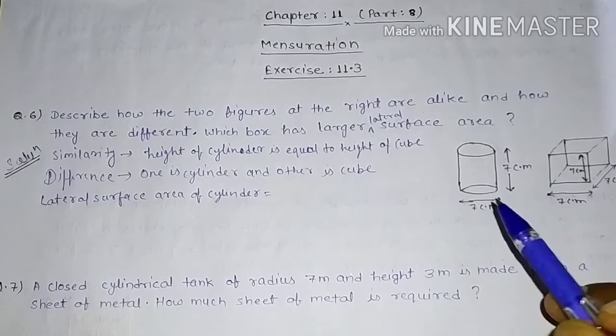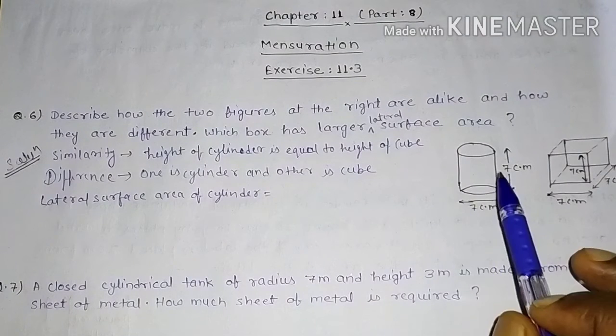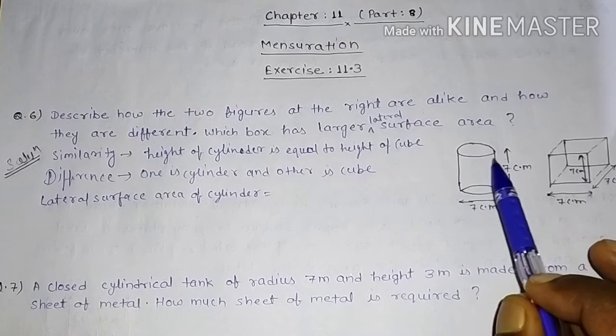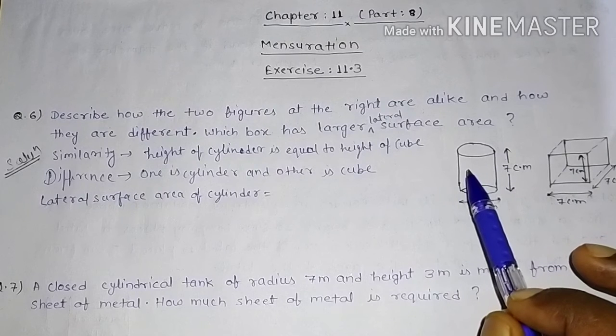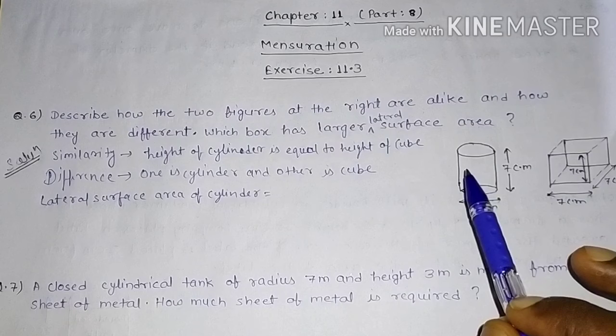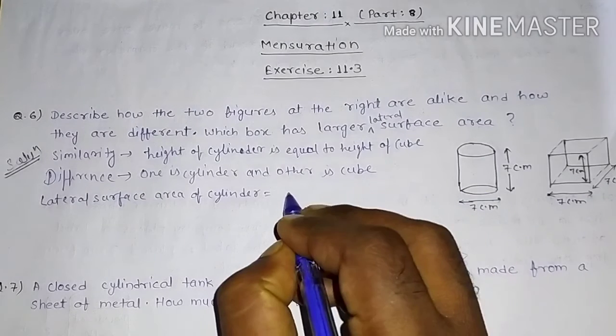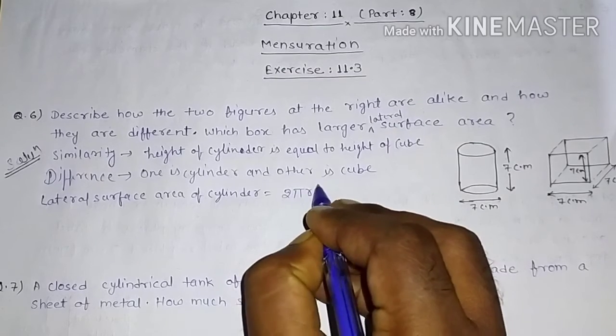We know that lateral surface area of a cylinder means curved surface area. This is the middle part. The curved surface area is known as lateral surface area. And we also know the formula of lateral surface area, that is 2 pi r h. So this is 2 pi r h.